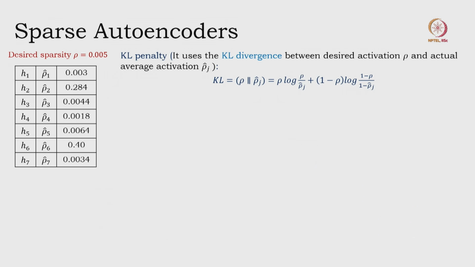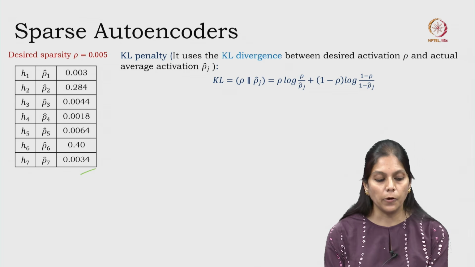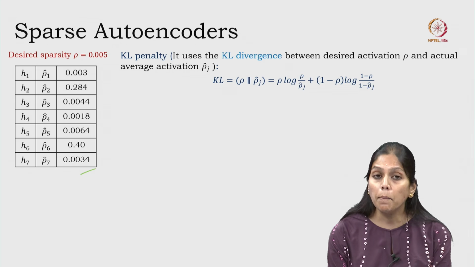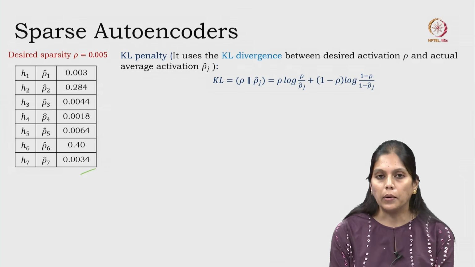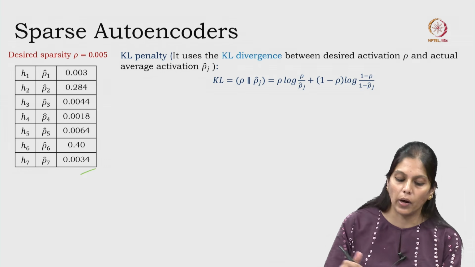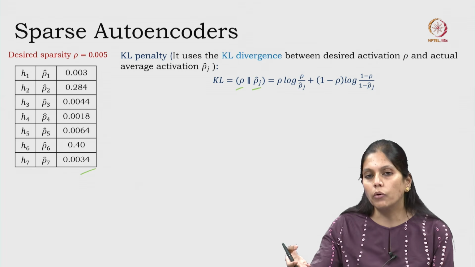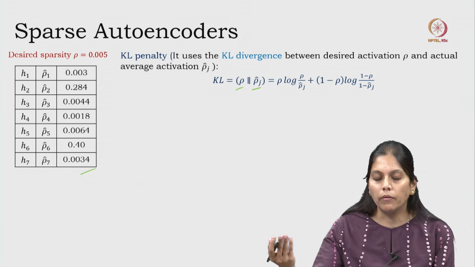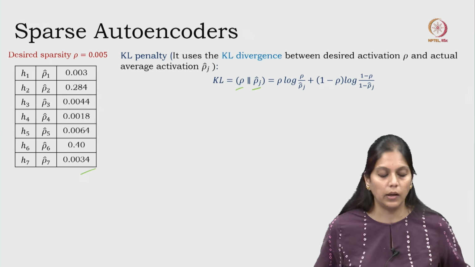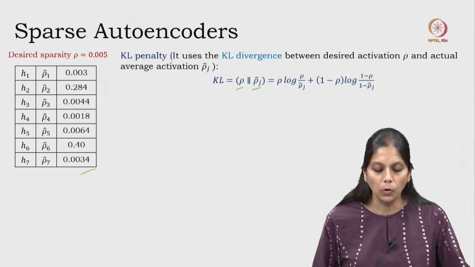Now see, this is the table I have taken from the previous one. We have a desired sparsity, which is 0.005. Now you have to calculate the penalty. How will you calculate the penalty? You have both values, rho and rho hat. With this, just substitute the values, and then we can calculate the KL divergence value.